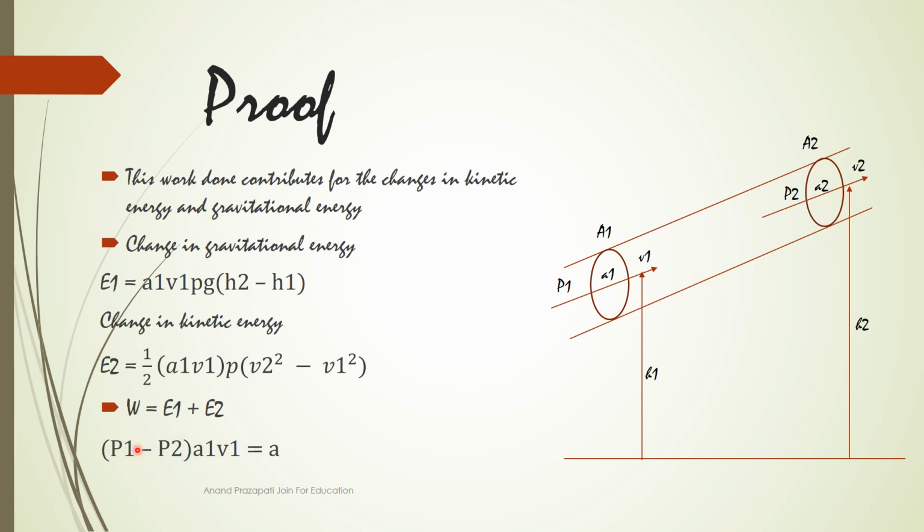We get work done (P1 minus P2) A1 into V1 equal to A1 V1 times the density of the liquid times the acceleration due to gravity times (H2 minus H1), plus 1 by 2 A1 into V1 times the density of the liquid times (V2 square minus V1 square).